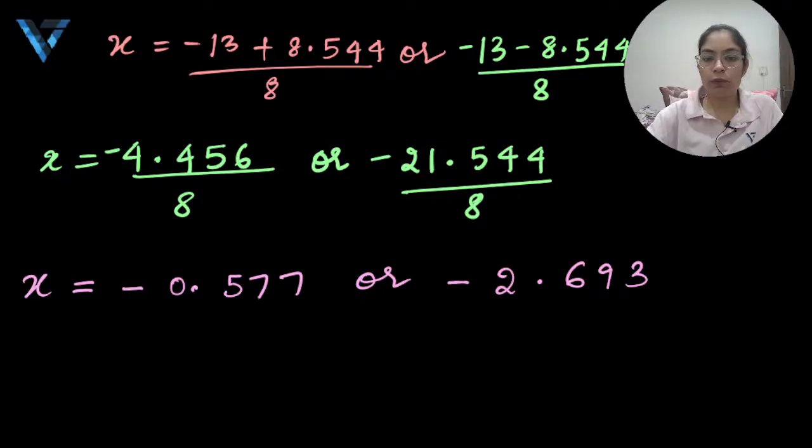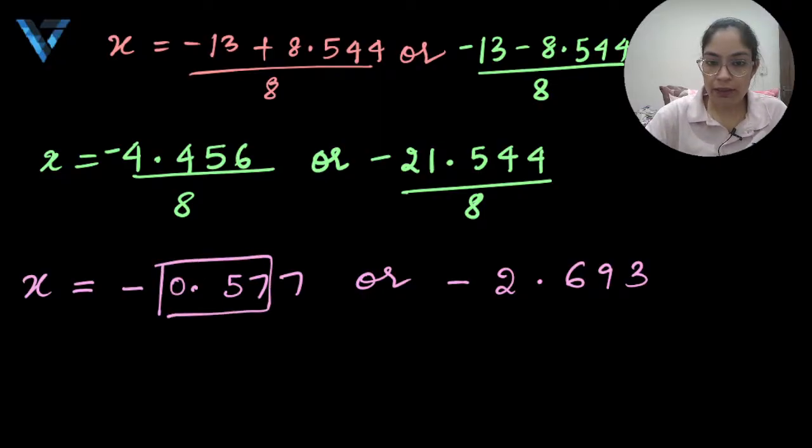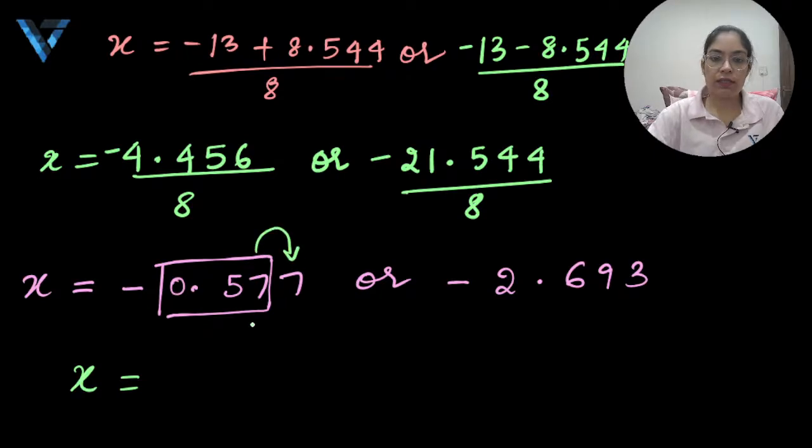The answer should be up to 2 decimal places. So after rounding off, what will be the answer? The next digit is greater than 5, so this will be minus 0.58.